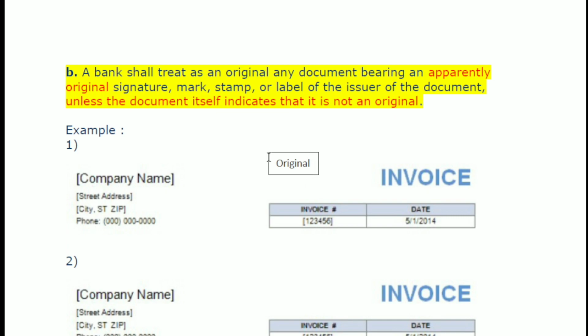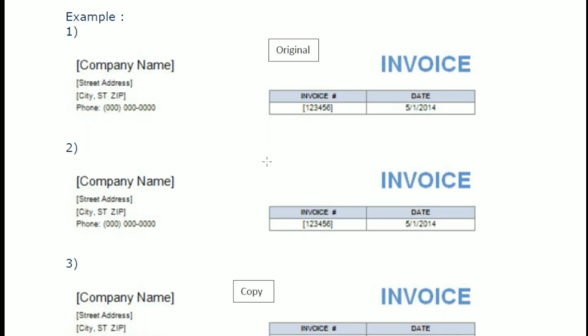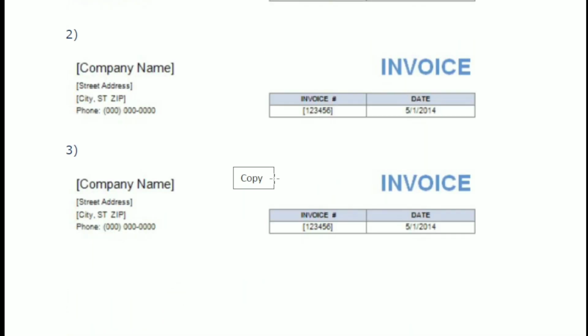That means if any original signature, mark, stamp, or label is present on the document, then it can be treated as original. Now, refer to the second image of the invoice, where nothing is written on the document, whether it's original or copy. However, if you find any original signature, mark, stamp, or label present on the document, then this document can be treated as original.